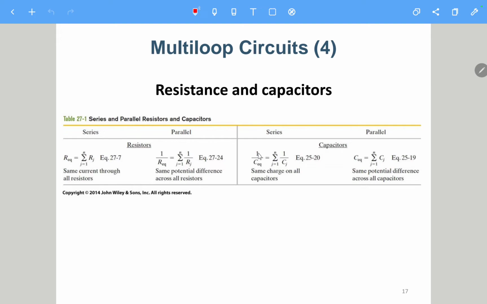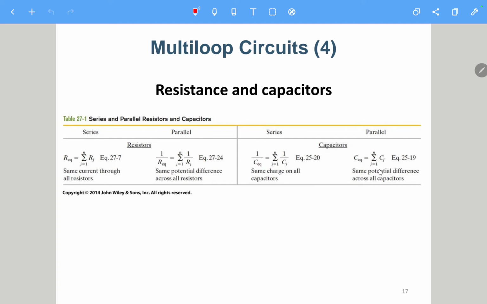But compared with the capacitor, if we have resistors in series, we add them together. If we have capacitors in series, we take the reciprocal, sum them up, and then take the reciprocal again to get the series capacitance. For the parallel resistance, we take the reciprocals, sum them, and take the reciprocal again. And for the parallel capacitance, we just need to add them together.